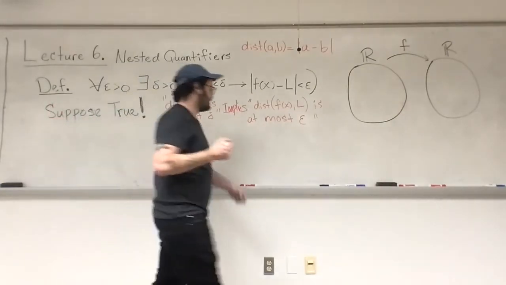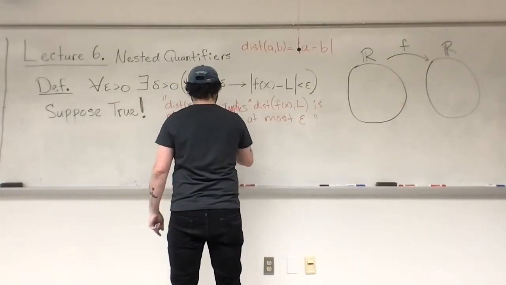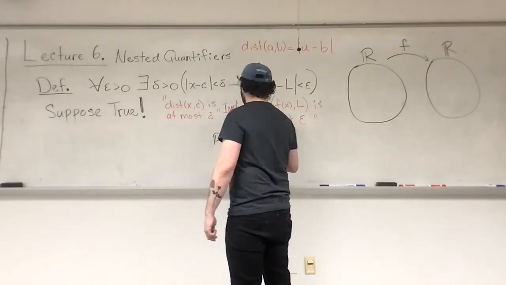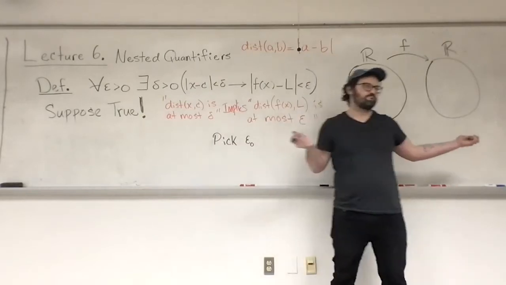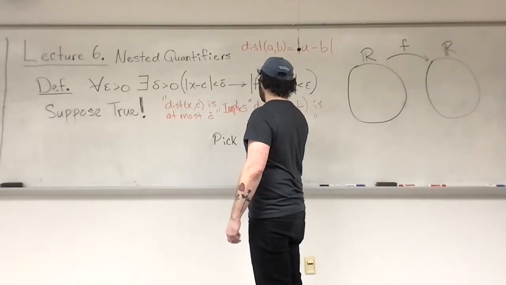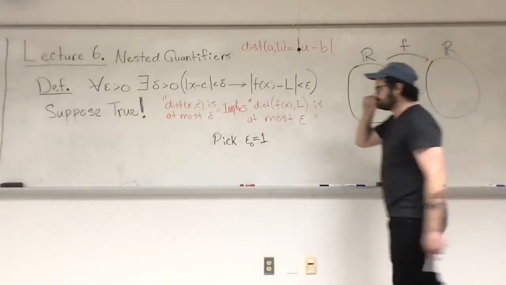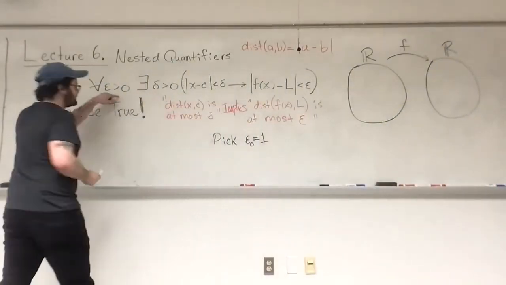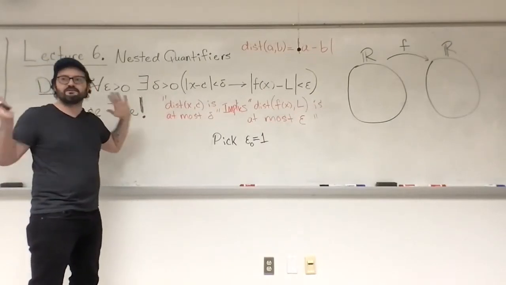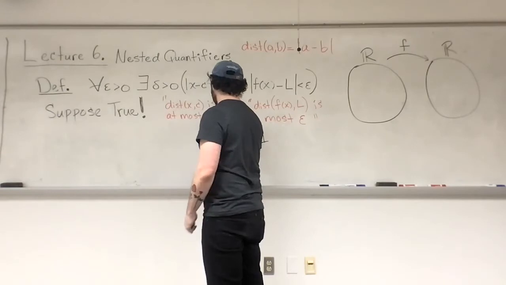So for every epsilon, I'm just going to pick epsilon not or something. Some number, like, I don't know, maybe 1, whatever. Now, as soon as I do that, since this is a tautology, we're supposing it is, I get a delta immediately. I must have a delta. So then I get a delta.